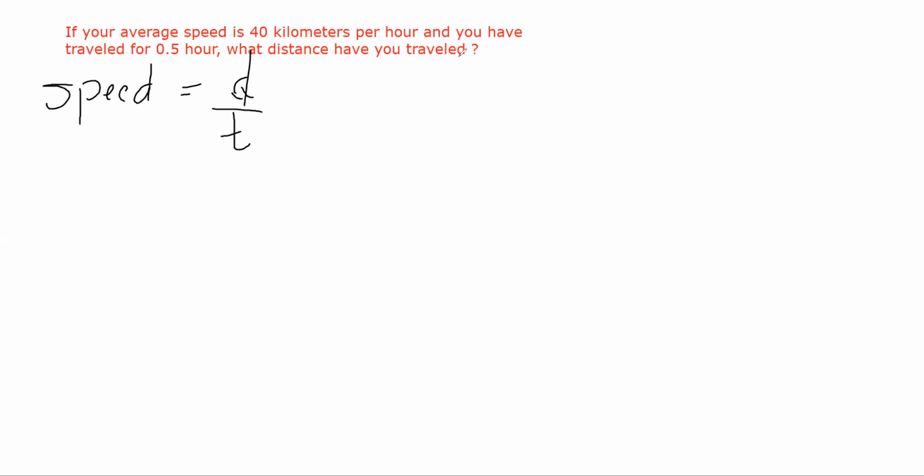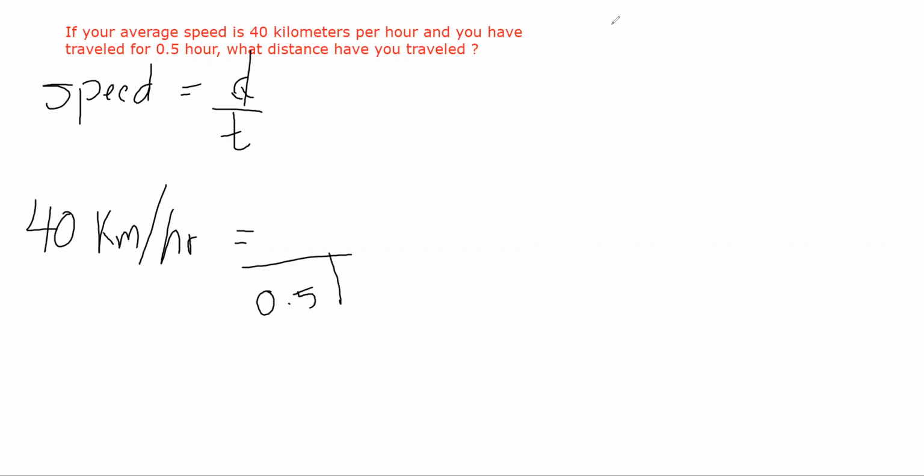But here he gave me the magnitude of the speed, 40 kilometers per hour. The time here is 0.5. I need to find the distance.